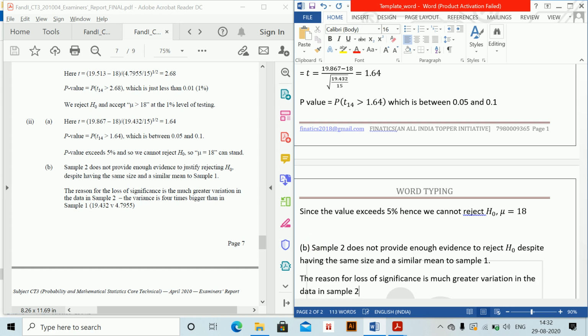The variance is very high. The variance is 4 times bigger than in sample 1.